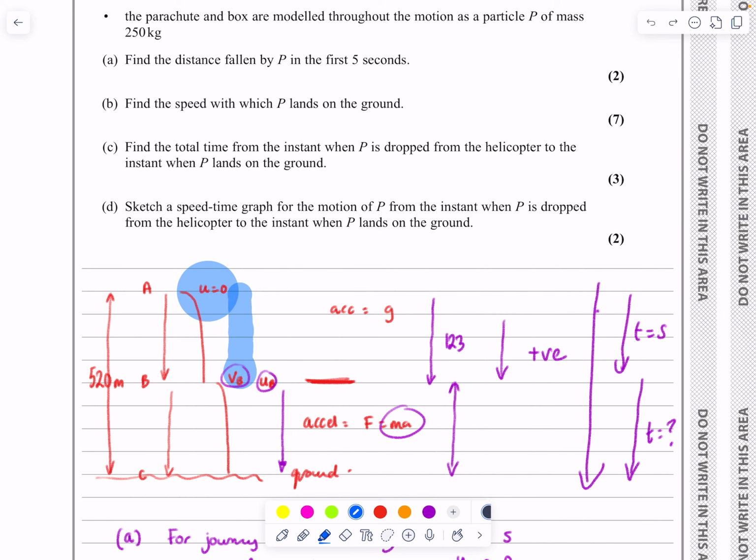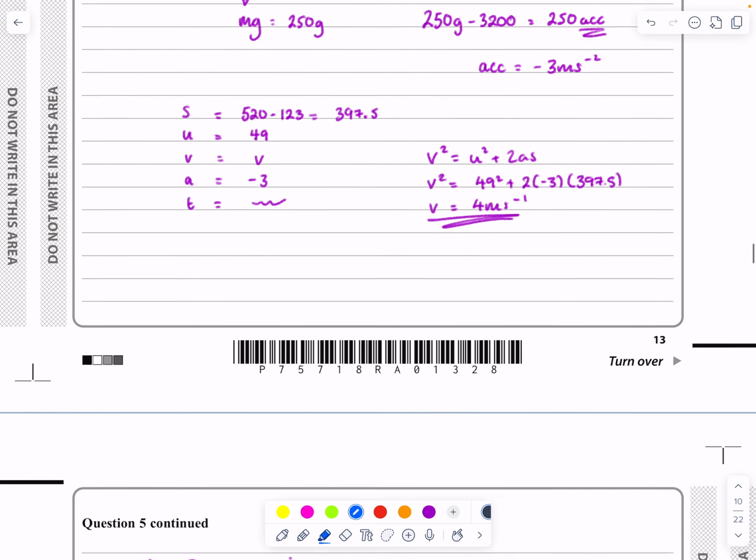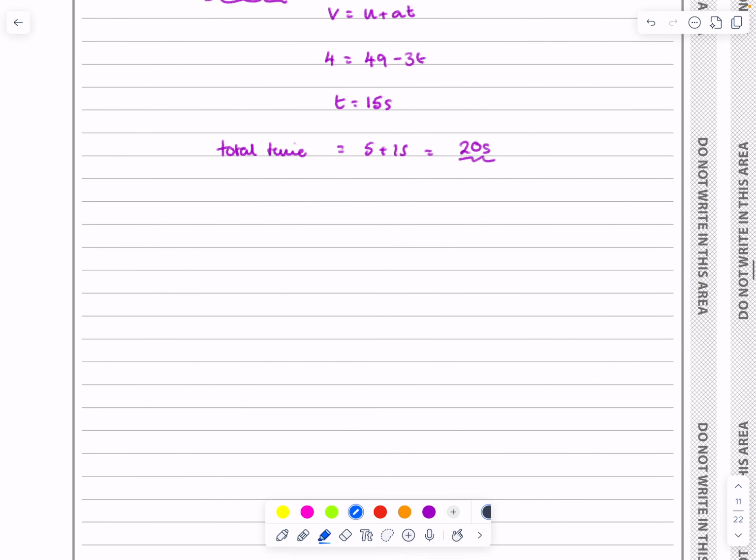And then after that, for the second part of the motion, we know it'll have a deceleration. It's slowing down with a gradient of minus 3. And we know that the total time is 20 seconds. We know that the final velocity will be 4 meters per second. So I just need to put all that information in. That sounded like a lot when I was saying it. Hopefully it'll make a little bit more sense when we're drawing this out then.